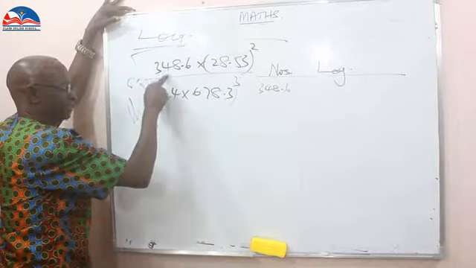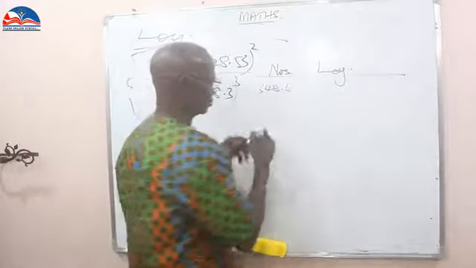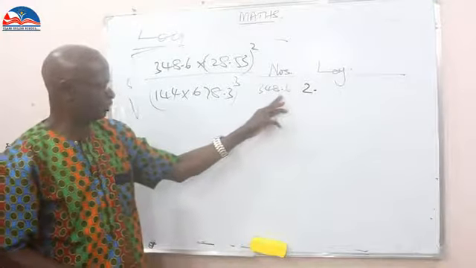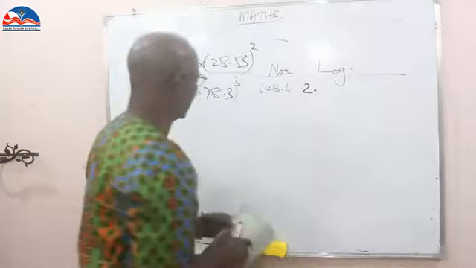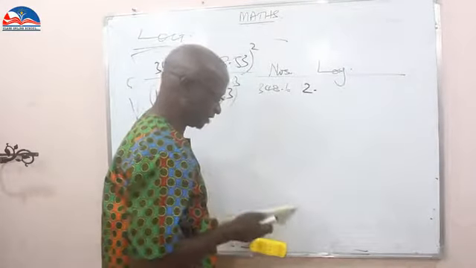Let's go. 348.6 first. The digit here is 3, so the character is 3 minus 1, which is 2. So I'm going to look for the multiplier 34 under 8.